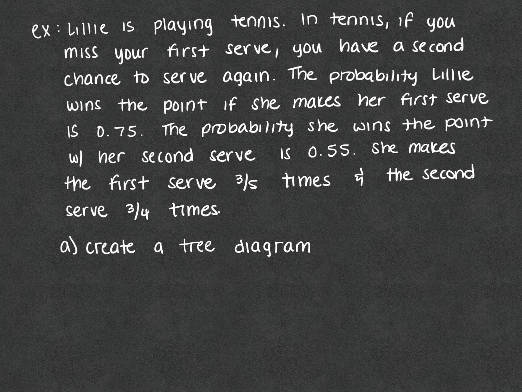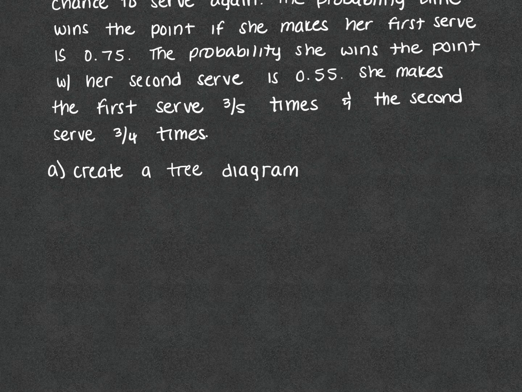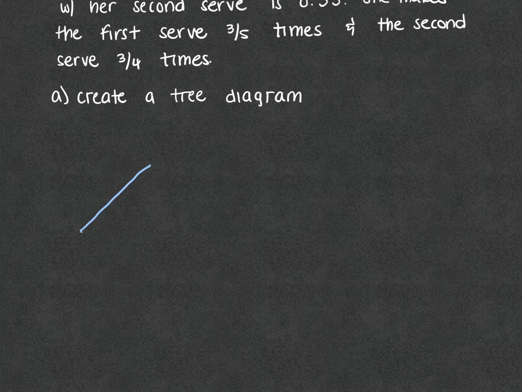So the very first thing that Lily would have to do is serve. So we're going to first look at the first serve, okay? So for the first serve, she either gets it or misses it, right? So this would be first serve is a success, first serve is a failure, okay?